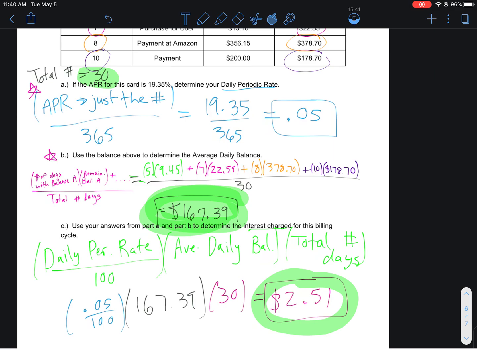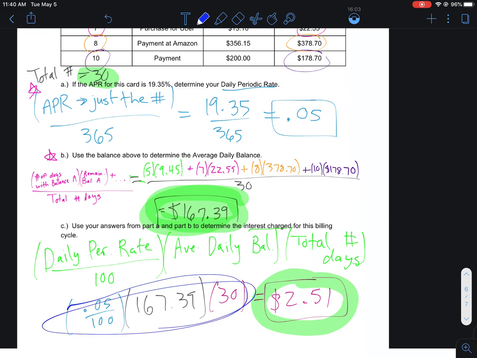So what the credit card company does is they say, okay, over the course of a year, we're going to do a daily periodic rate of 0.05. Now, you in this particular billing cycle, these 30 days, you had an average daily balance left over that you hadn't paid off of $167.39.